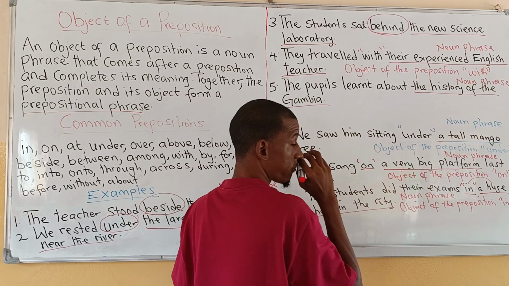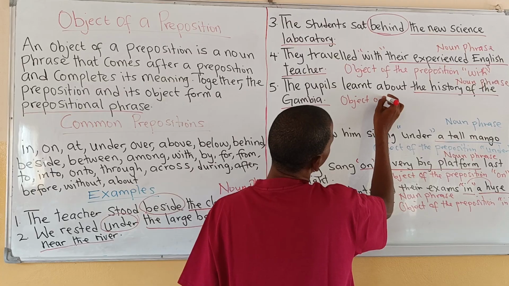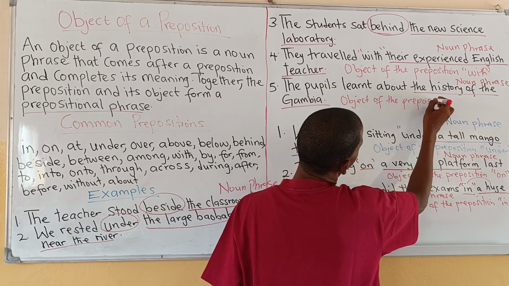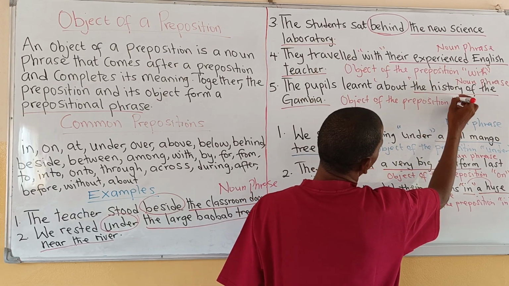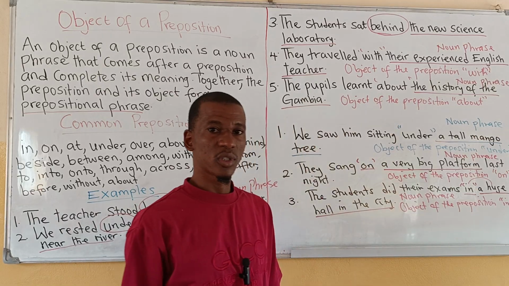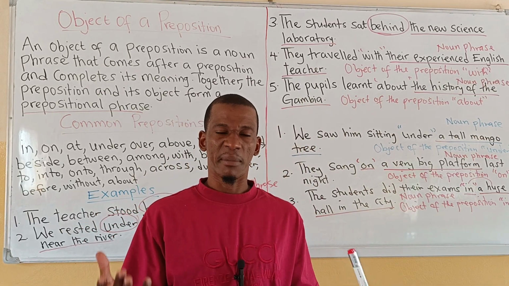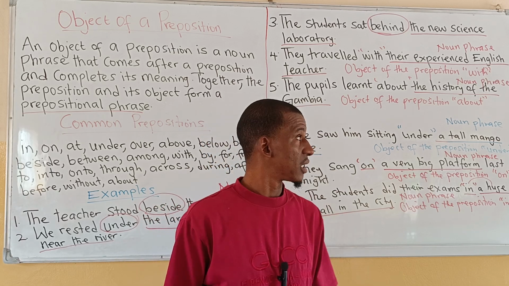Good. What is the function? It functions as the object of the preposition about. About is also a preposition, please. You have to go and read prepositions if you want to learn about prepositions, so that it will help you to identify prepositions in sentences.